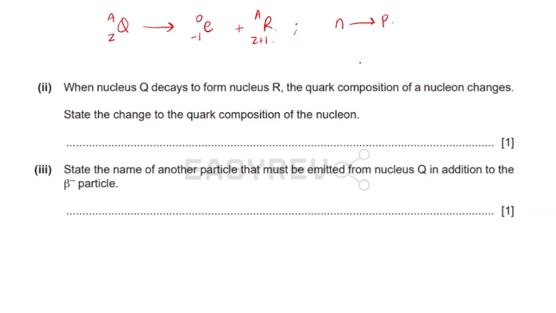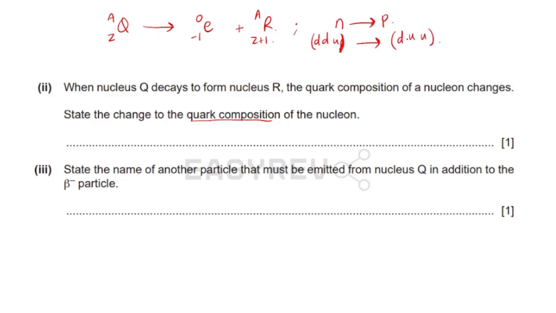And the reason that happens is because within the nucleus, a neutron is turning into a proton, right? But here they're asking for how the quark composition is changing. So here we have to remind ourselves of what a neutron contains and then what a proton contains. A neutron, if you remember, contains 2 down quarks and 1 up quark, whereas the proton contains 1 down quark and 2 up quarks, right?